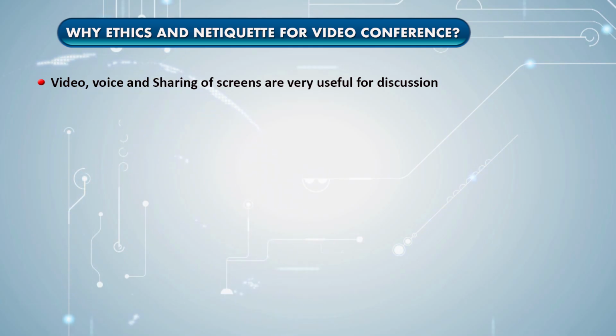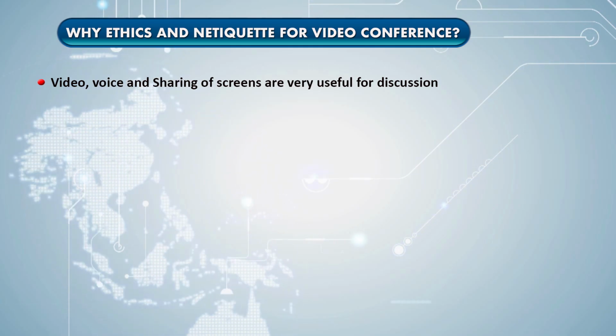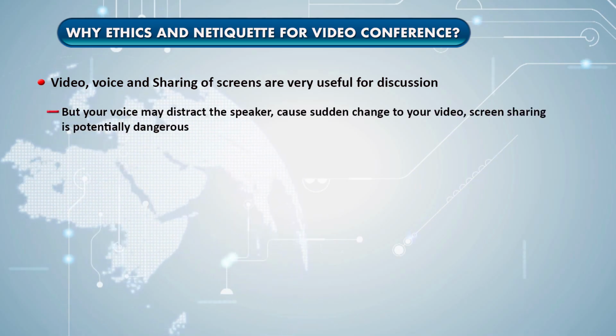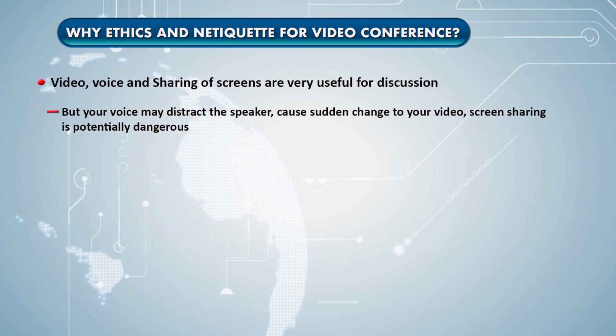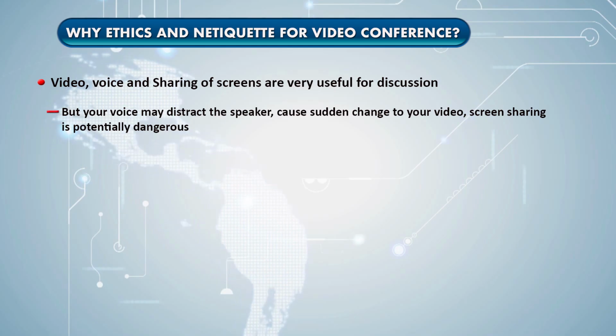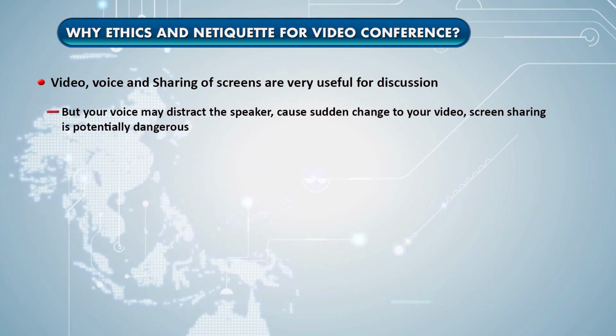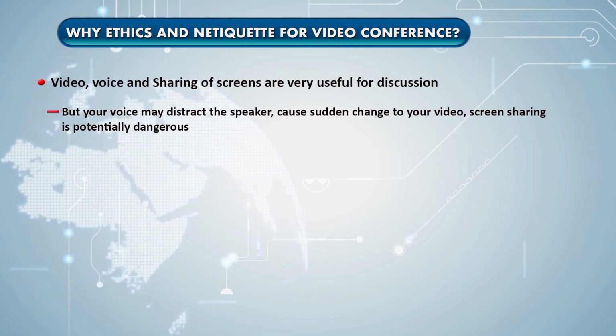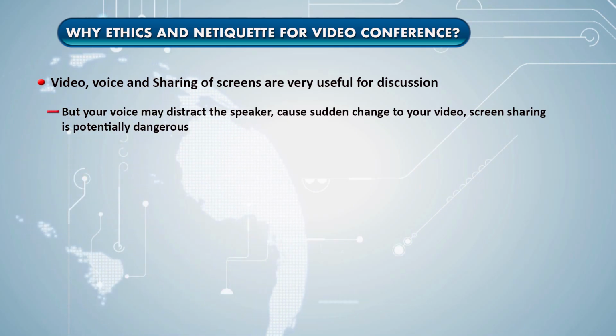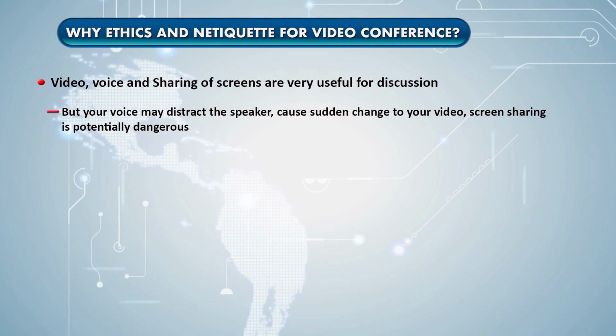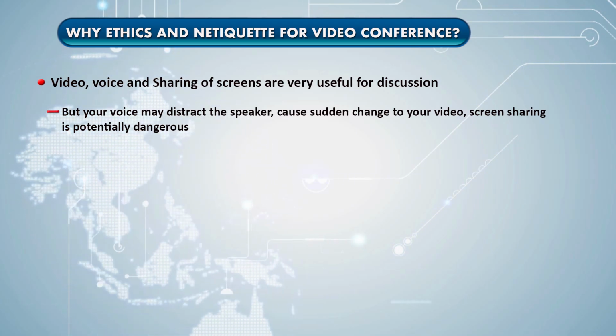For example, when we are dealing with the video sessions, what happens? Suppose somebody is speaking and in between another person starts speaking. This video conferencing is so amenable to that particular voice that it suddenly shifts focus from one person to another person's screen, right? So it may distract the speaker as well as listeners.